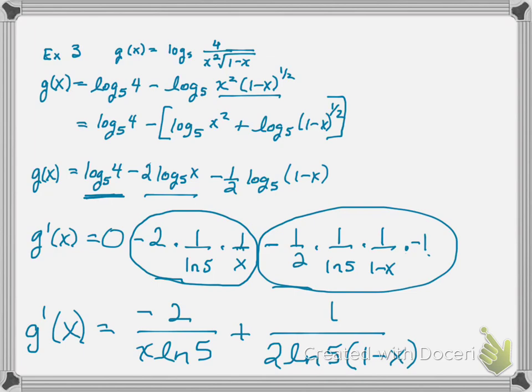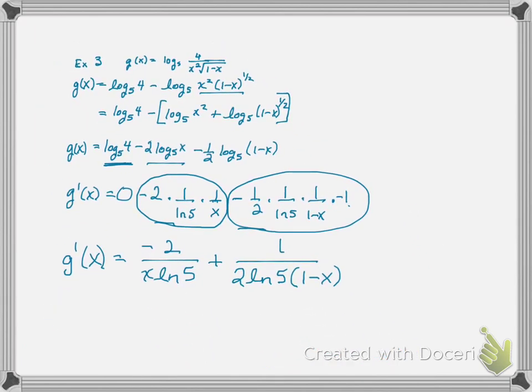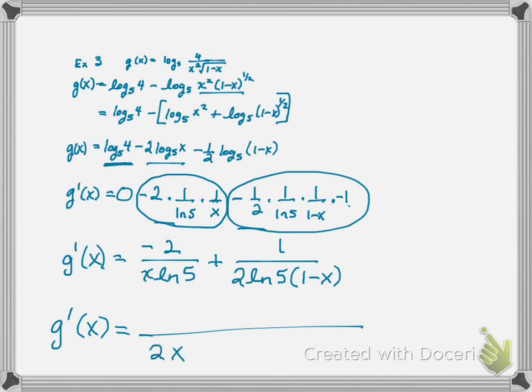If we wanted to find a common denominator to possibly match an answer that might be in the back of the book, it may just look like this. If we had to find a common denominator, looks like in my common denominator I would need a 2, I would need an x, I would need a 1 minus x, and an ln 5. So that's everything that would be in my denominator.